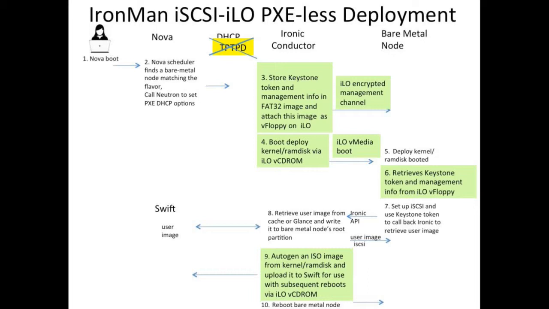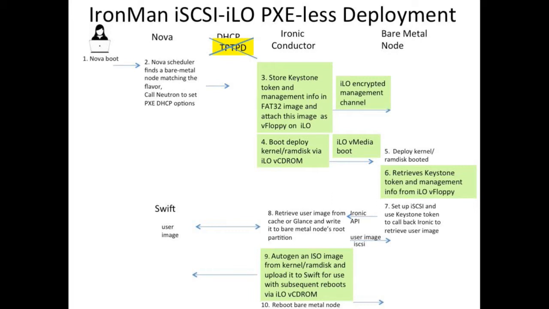It then uses the iLO virtual CD-ROM to boot the deploy kernel and RAM disk, and the agent running on the bare metal node retrieves the keystone token and the management information from the iLO virtual floppy. It then uses that information to set up an iSCSI channel with the Ironic conductor and uses the keystone token to call back the Ironic conductor to retrieve the user image over the iSCSI channel.